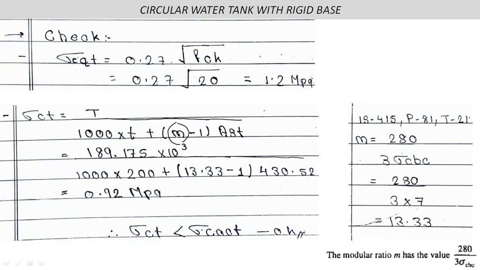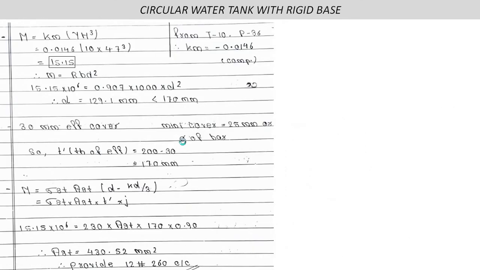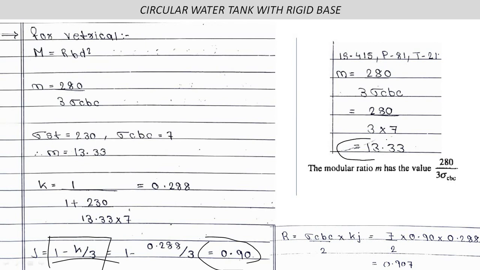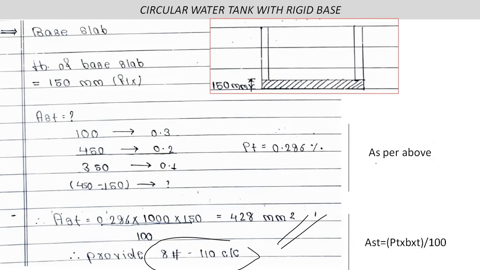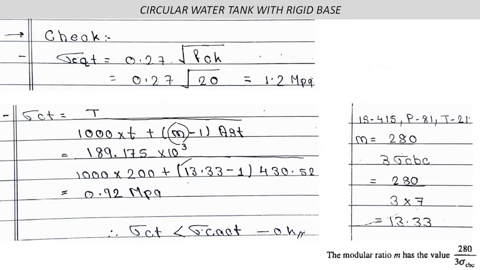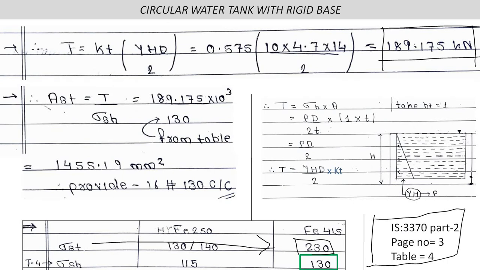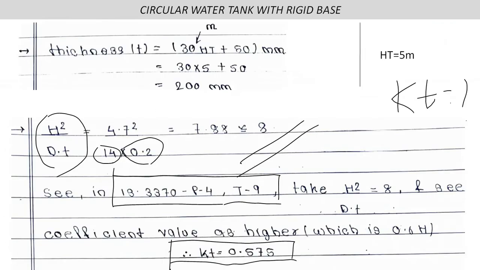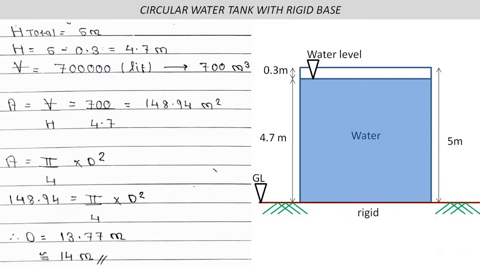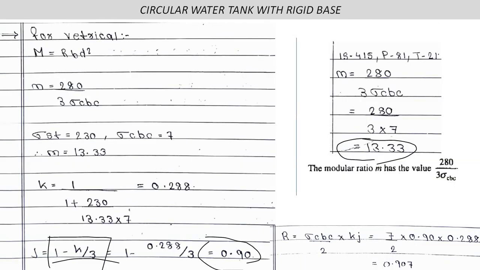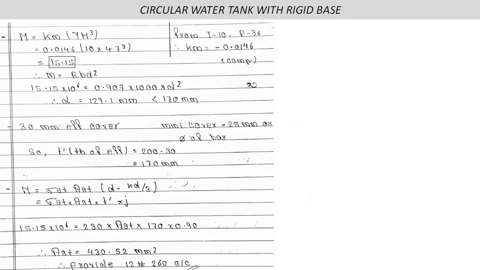The value of small m, which is the modular ratio, we have already found as 13.33. So we will use the modular ratio as 13.33 for the calculation, minus 1 into capital AST. We have also found the value of capital AST for the vertical section, which is 430.52 mm square.